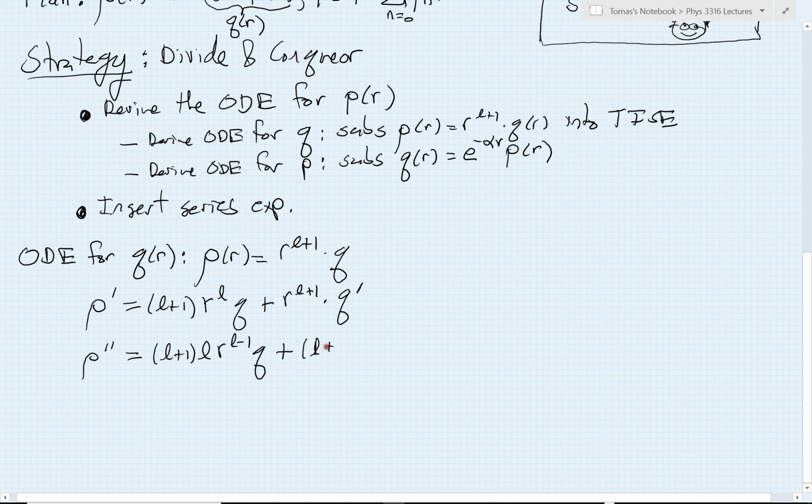So I have L plus 1, R to the L times Q prime. Next, I need to take the derivative of the second term in the sum, which is again a product, the derivative of the first term of which will give me an L plus 1 times R to the L, and that's still multiplying Q prime, but you will notice that's exactly the term I have just written down.